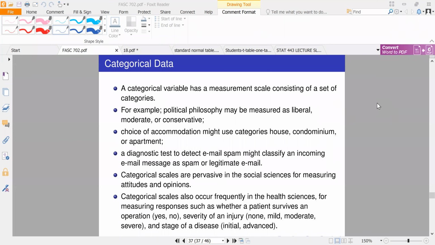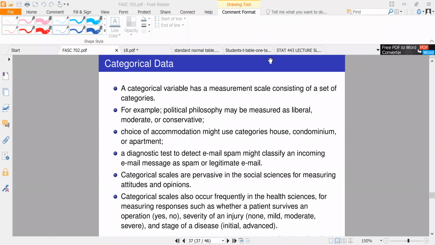So everything that we've done was quantitative, and it means that the methods we use in analyzing quantitative data are not the same methods that will be used to analyze categorical data.